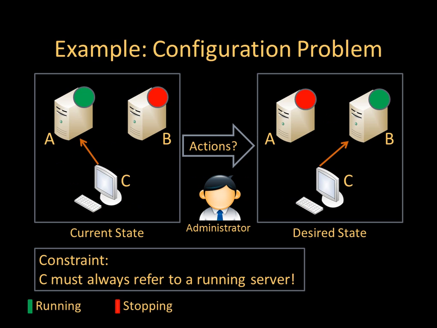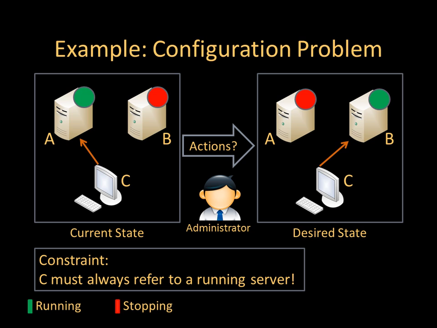Assume we have a system that consists of two servers, A and B, and one client C. In the top left box, we have the current state of the system. That is, A is running, B is stopping, and C is using a service such as DNS service that is running in server A. Sysadmin would like to change the configuration in such a way to achieve the desired state in the top right box.